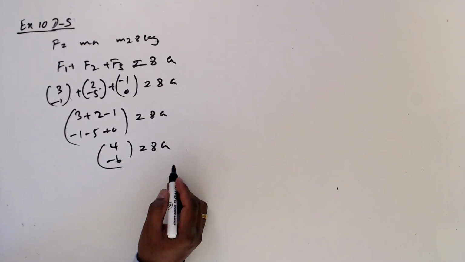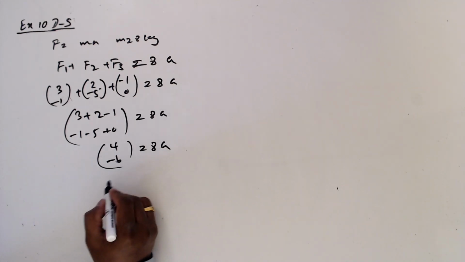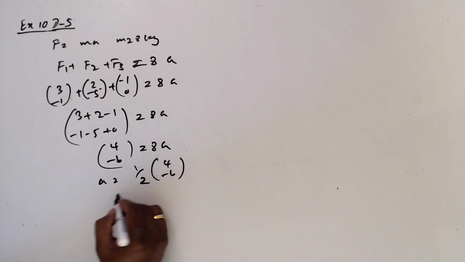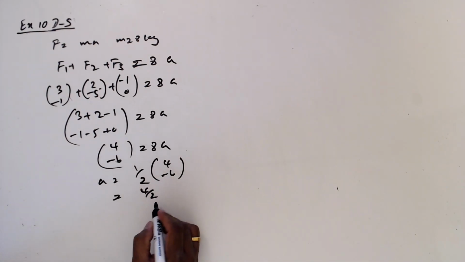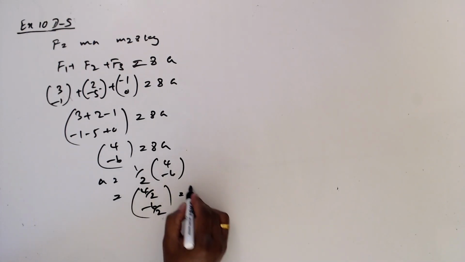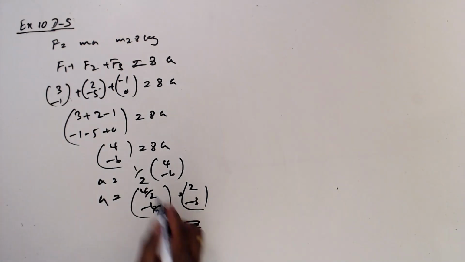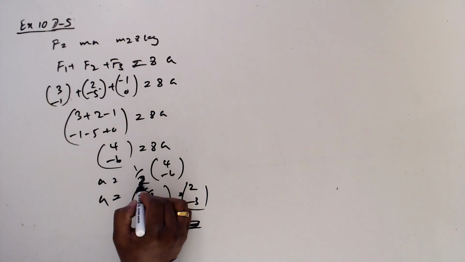Then a equals 1 over 8 times 4 minus 6. Sorry, this is 8 not 2.